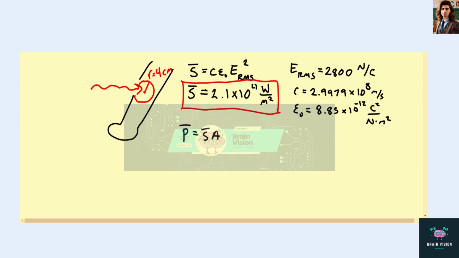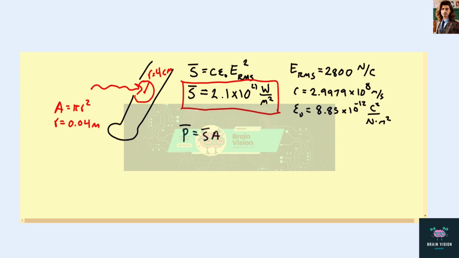The area of a circle is just pi r squared. Thing to keep in mind though is that all of our units so far have been using meters, so we want to convert from 4 centimeters into meters. r is then 0.04 meters because we just divide by 100.